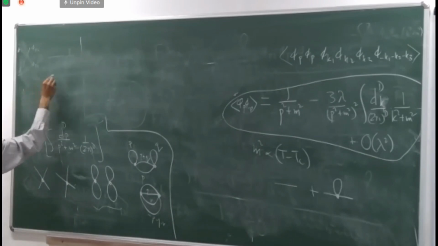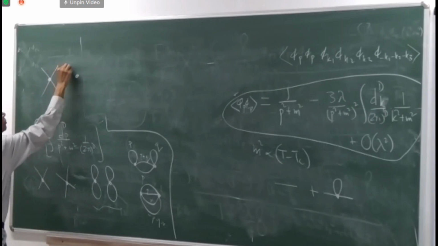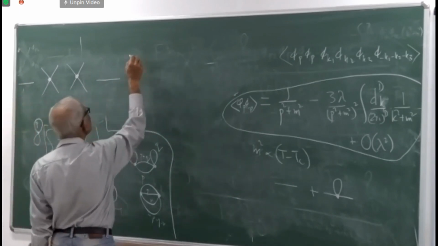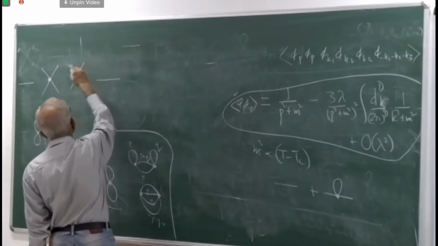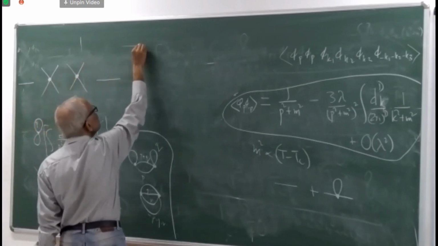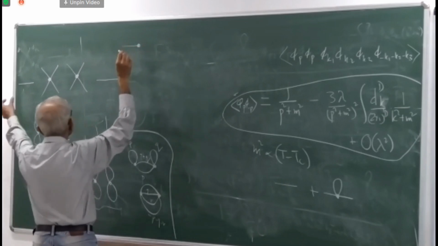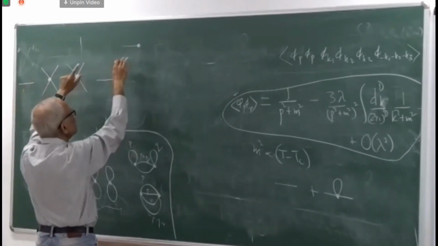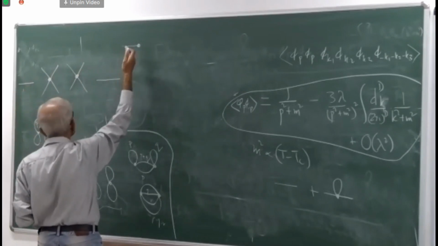So I have 2 of these, and I have a line coming here, and I have a line coming here. Okay? So, all right, first time around, you say, I join this to one line, so this becomes a propagator. This was just a phi line connected with one phi line, and it is a propagator, 1 over k square plus m square.